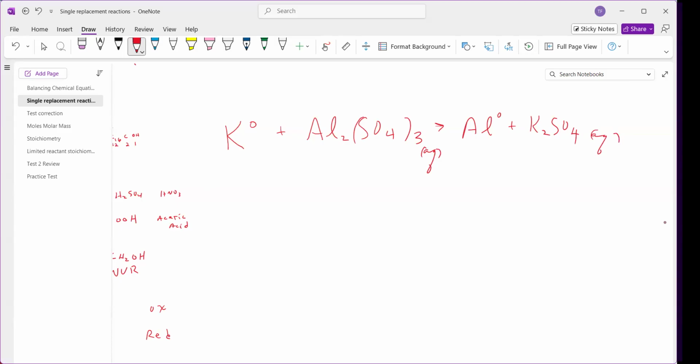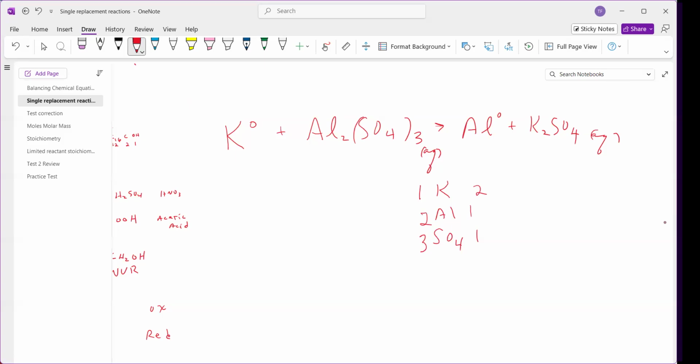Okay, first of all, is this thing balanced? No, not balanced at all. So let's balance it. Okay, we've got a K, aluminum. I'm going to put the sulfate as an X. And we've got one potassium, two potassiums, two aluminums, one aluminum, three sulfates, one sulfate. So it's not balanced at all. It's awful.